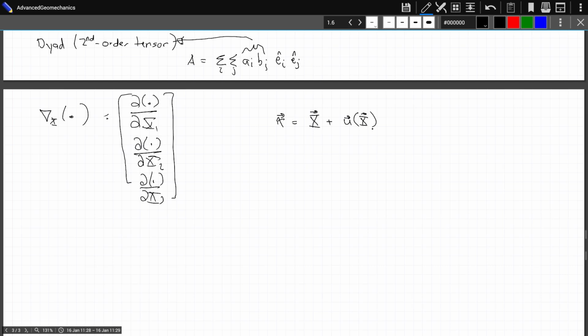So if we take the derivative of both sides of that equation with respect to big X, this thing reduces to the Kronecker delta function.